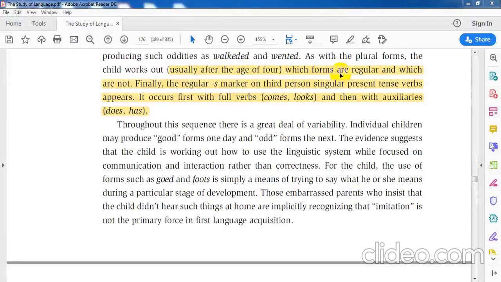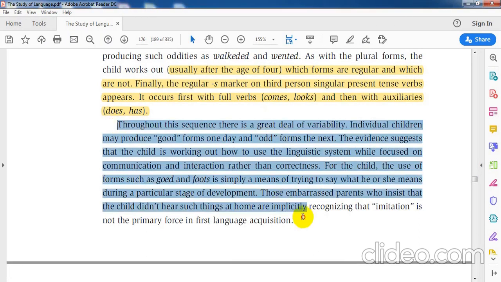This period witnesses the appearance of the s marker on the third person singular present tense to indicate present, and this is also accompanied with the appearance of the auxiliaries like does and has. Now, the last paragraph in this section is very important to note.